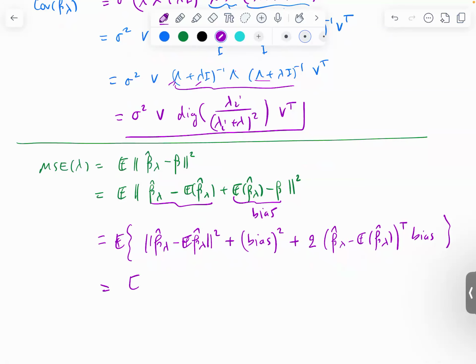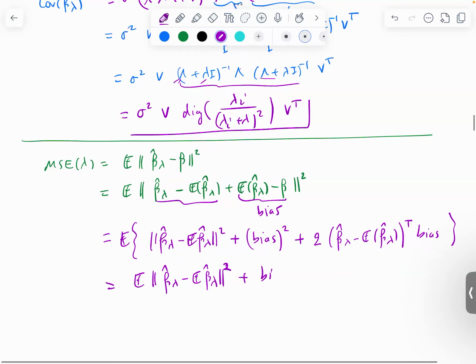The expectation applied to the first one, I'm going to leave. The second term is deterministic, so the expectation doesn't do anything to it. It's just going to be itself, plus twice the expectation of this term.